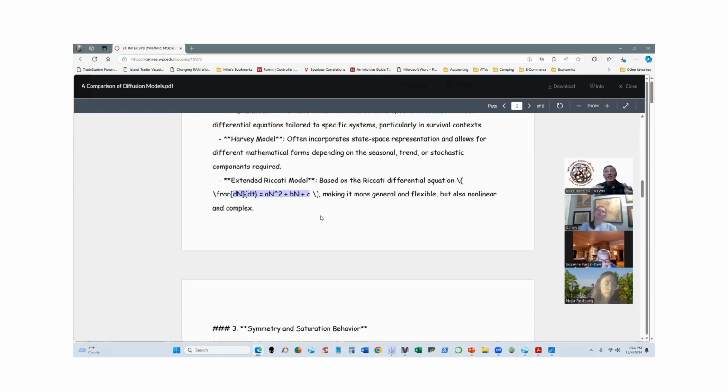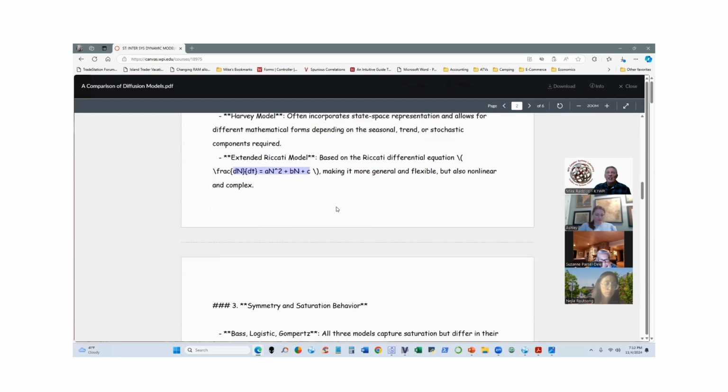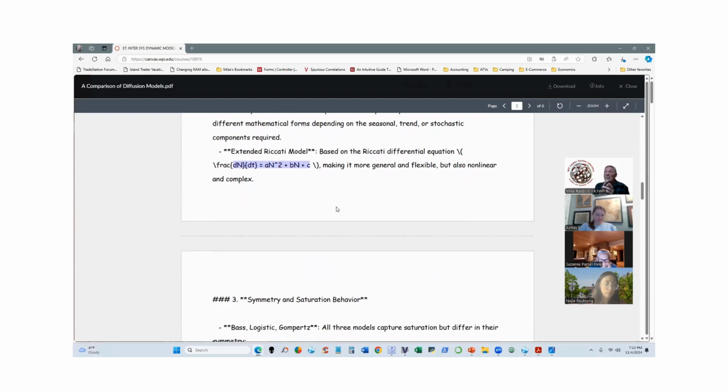But wait, we can translate these things into system dynamics. It turns out it was pretty straightforward. So that is going to be an ordinary differential equation. The change in something called N, where N would be a stock, is a parameter a times N raised to the second power, plus b times N, plus c. It's a quadratic, not terribly sophisticated, but there you go. That is not hard to model. It's a flow equation.